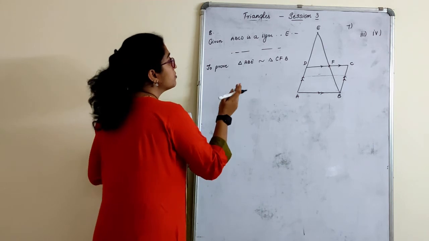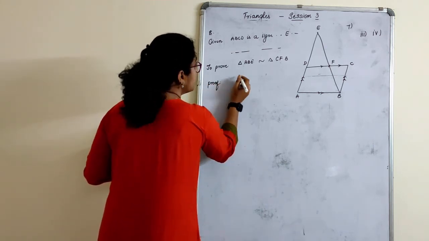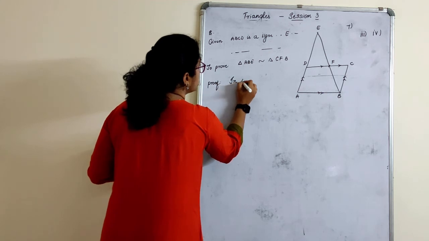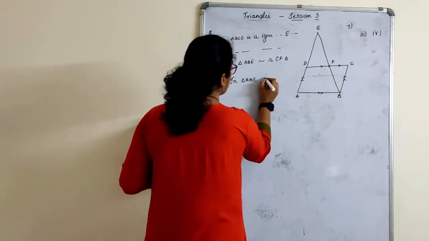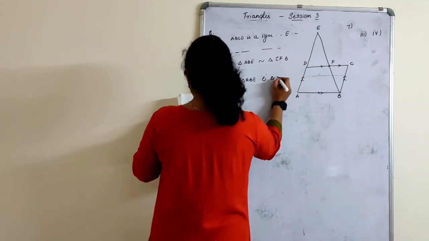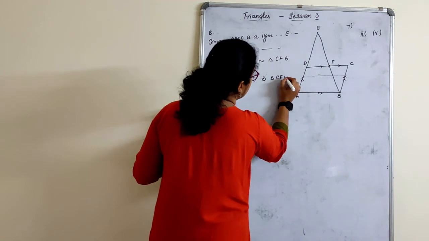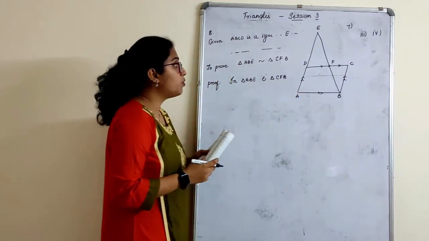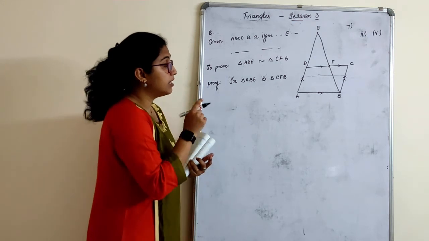Okay. So, let us start. Proof. In triangle ABE and triangle CFB, there will be no common triangles here. First of all, why no common triangles? Because no common angles.